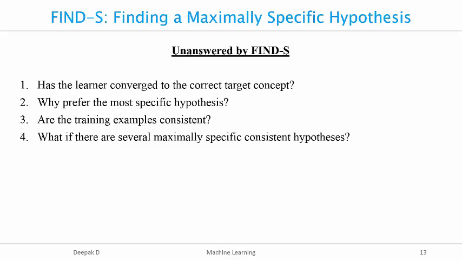So we would prefer an algorithm that could at least detect when the training data is inconsistent, and that can accommodate such errors. And the last one is, what if there are several maximally specific consistent hypotheses? So these are some of the questions unanswered by the Find-S algorithm.